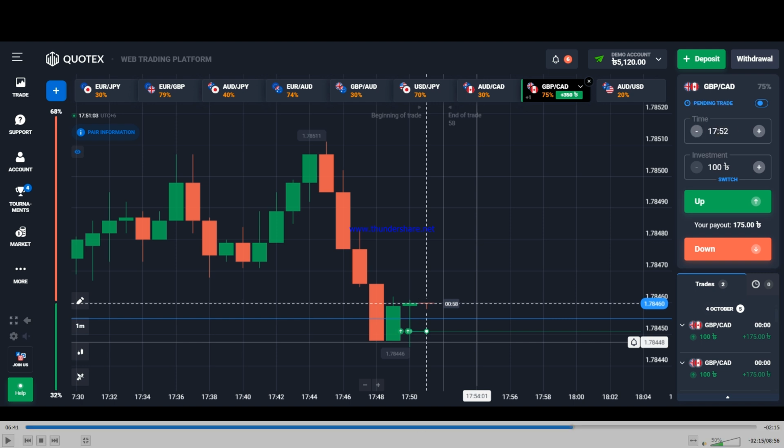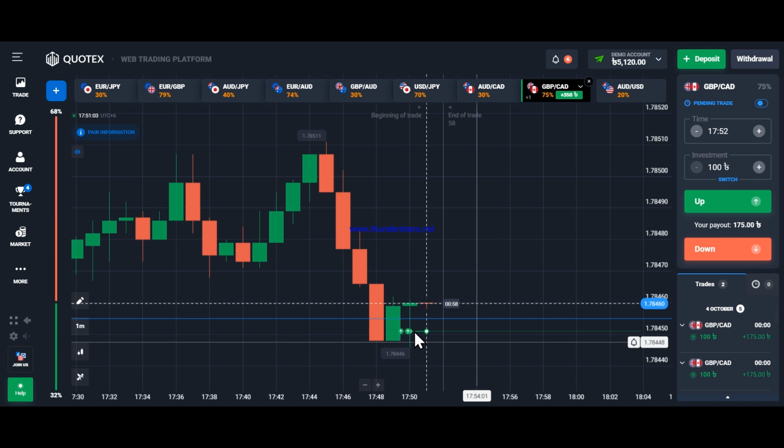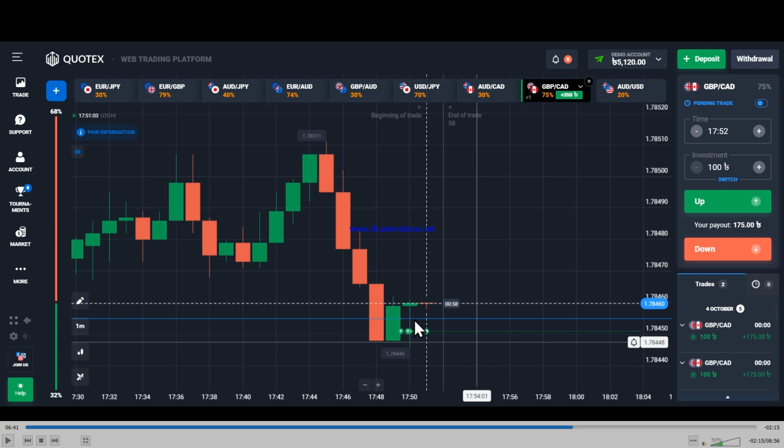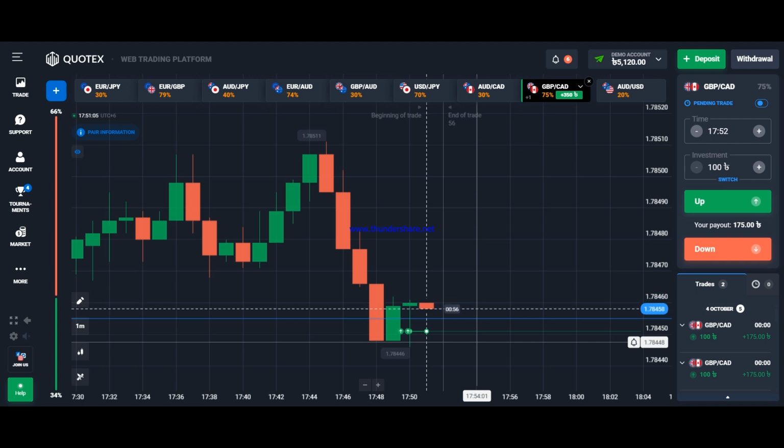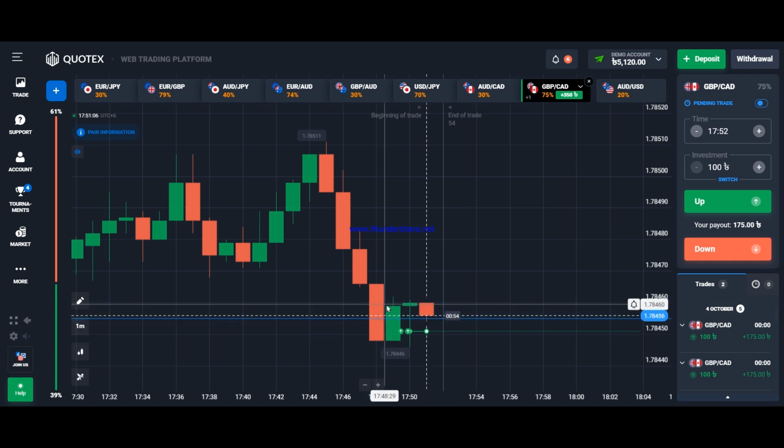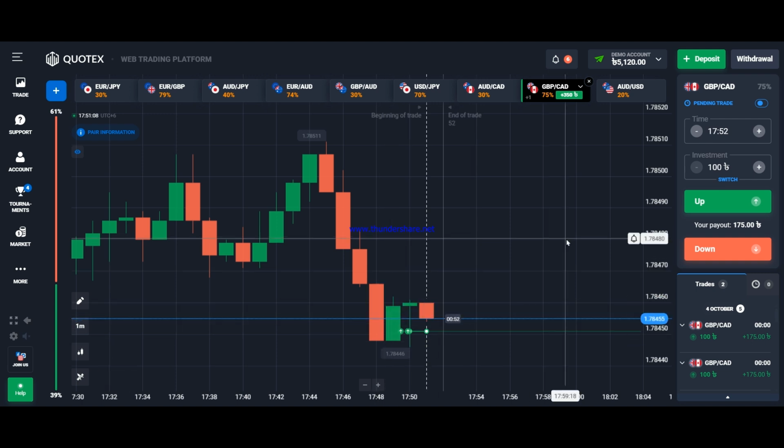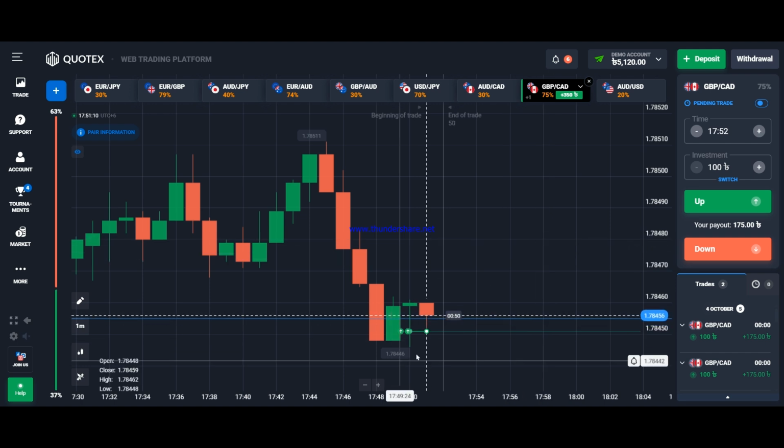But now we cannot trade for call option because they made a new low. If the buyers are strong and the sellers are weak, then they shouldn't make a new low, they should make a new high. That's why I did not place any trade here.